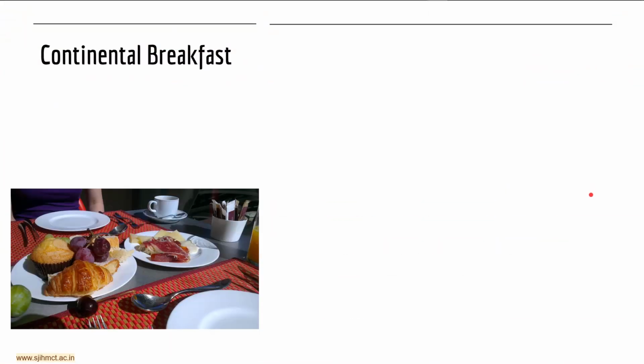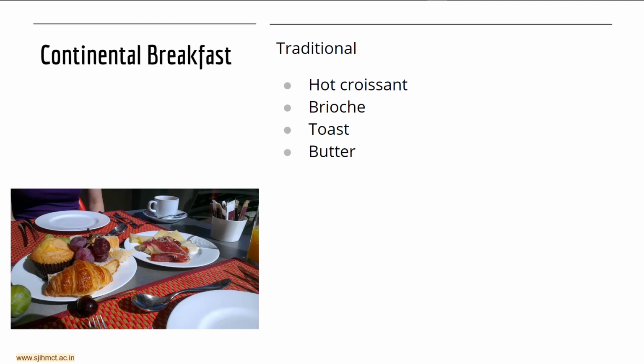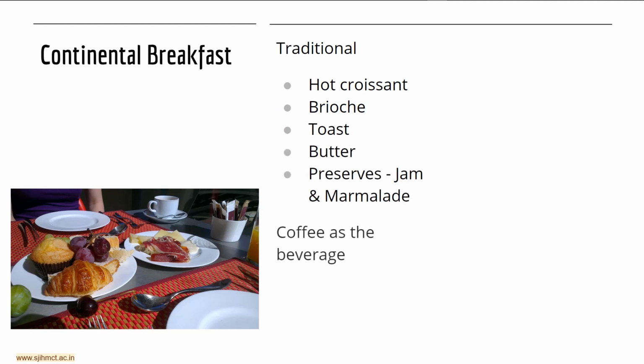Now let us look at the details of continental breakfast. The traditional continental breakfast consisted of hot croissants, hot brioche, toast, butter, preserves, that is jams and marmalade, and coffee as the beverage.